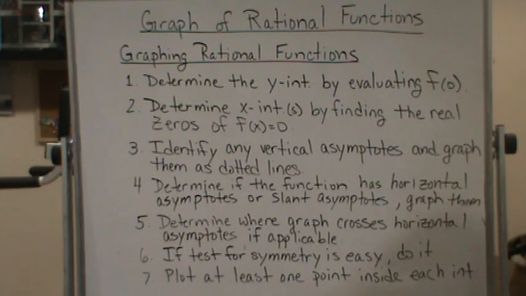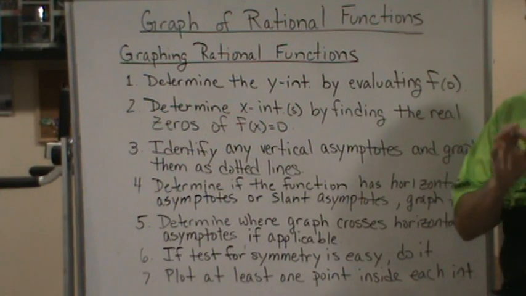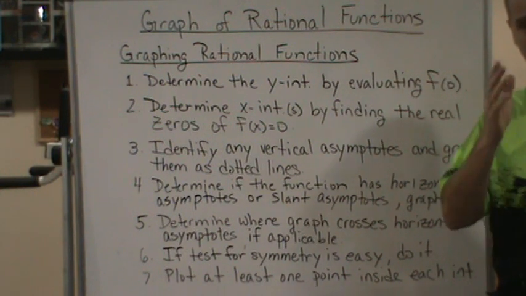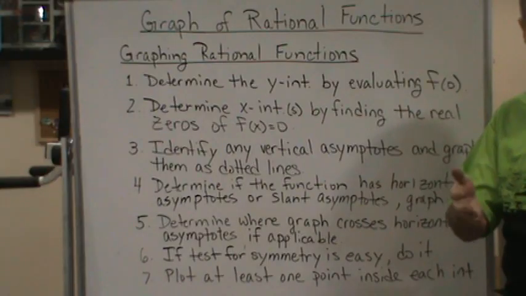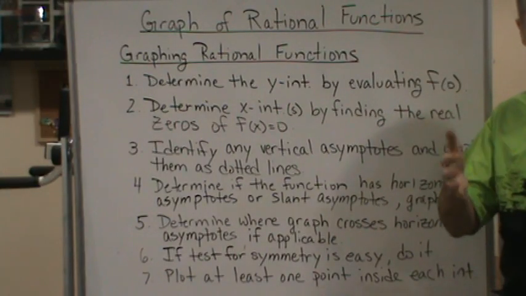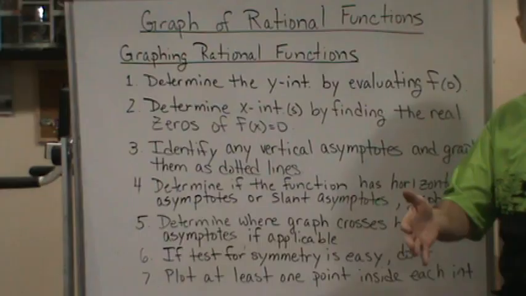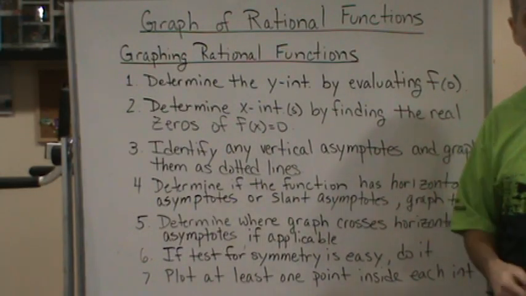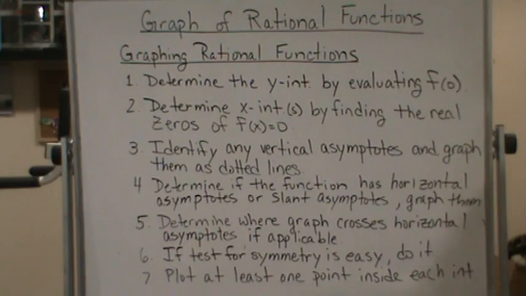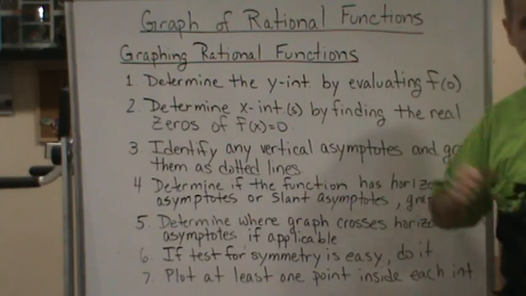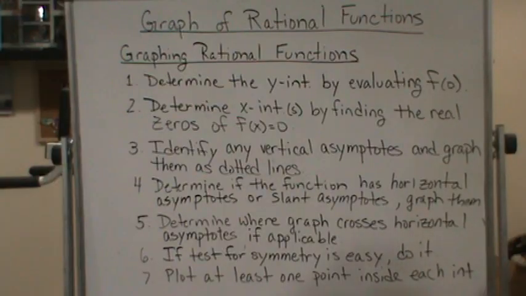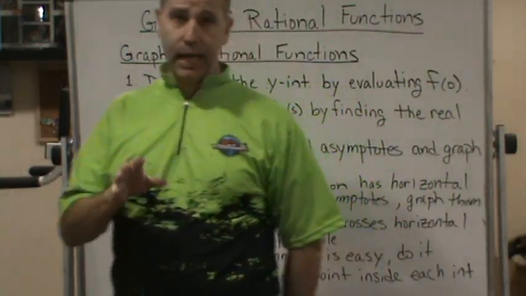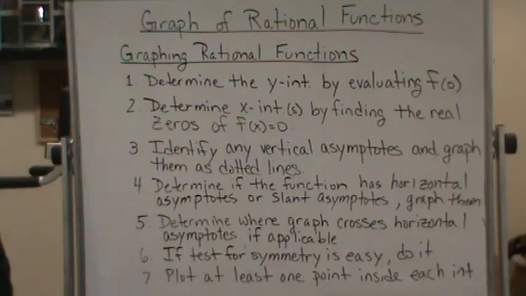So anywhere where there's an interval, between x-intercepts, between asymptotes, between an x-intercept and a vertical asymptote. So, you know, all of those different parts along the x-axis, right? So those are going to create intervals, and what you want to do is plot a point within each of those intervals, okay? At least one, okay?